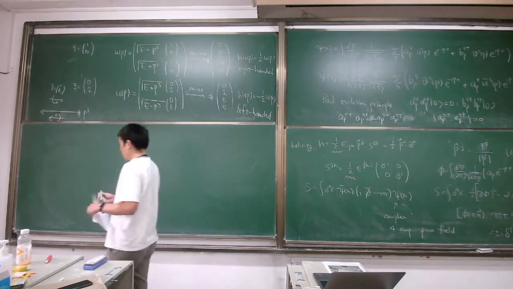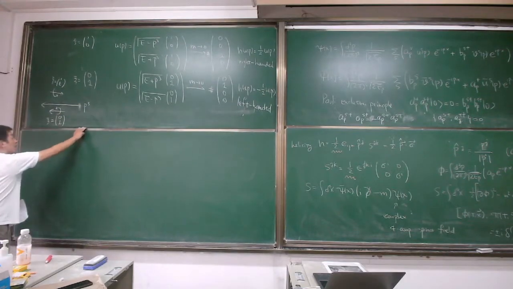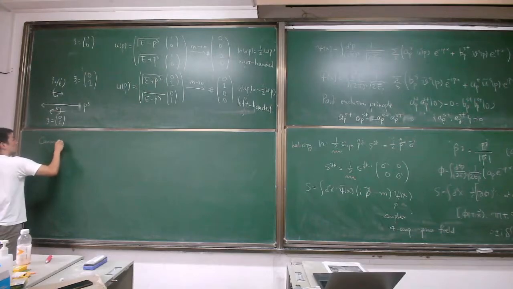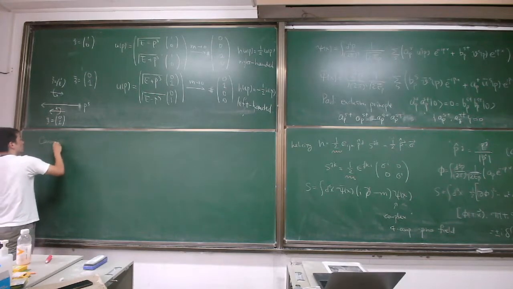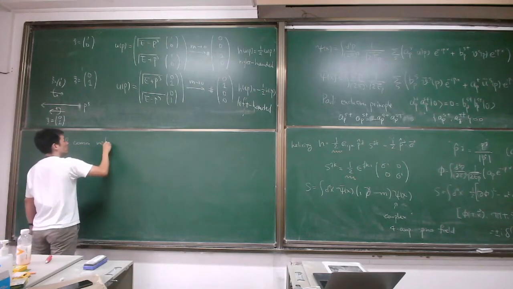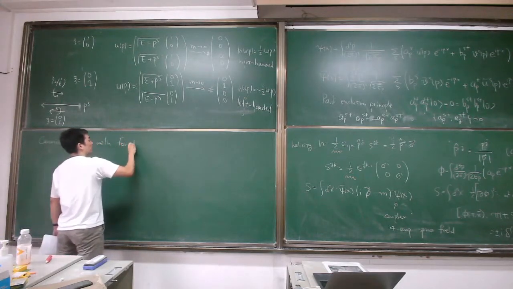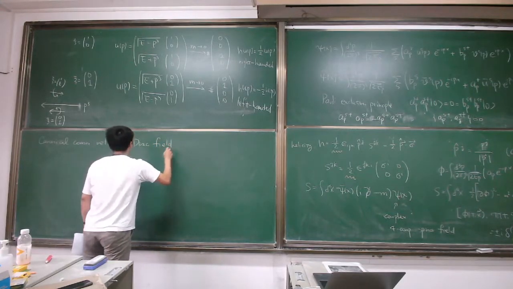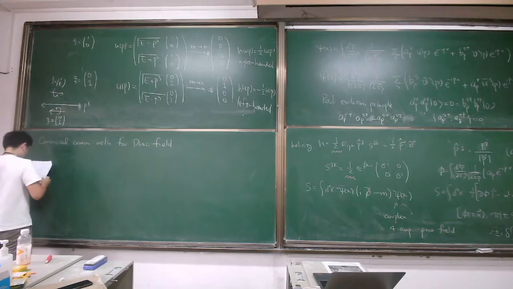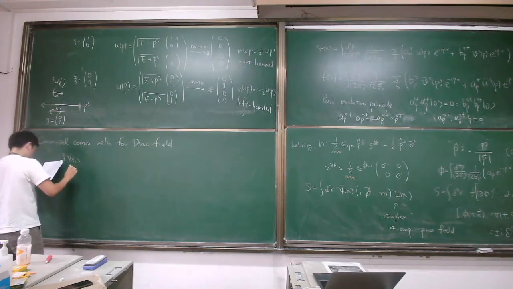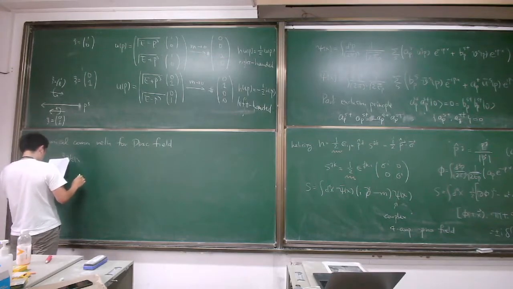Okay. So therefore, the canonical anticommutation relation for the Dirac field should be psi_a(x) and psi_b dagger(y).